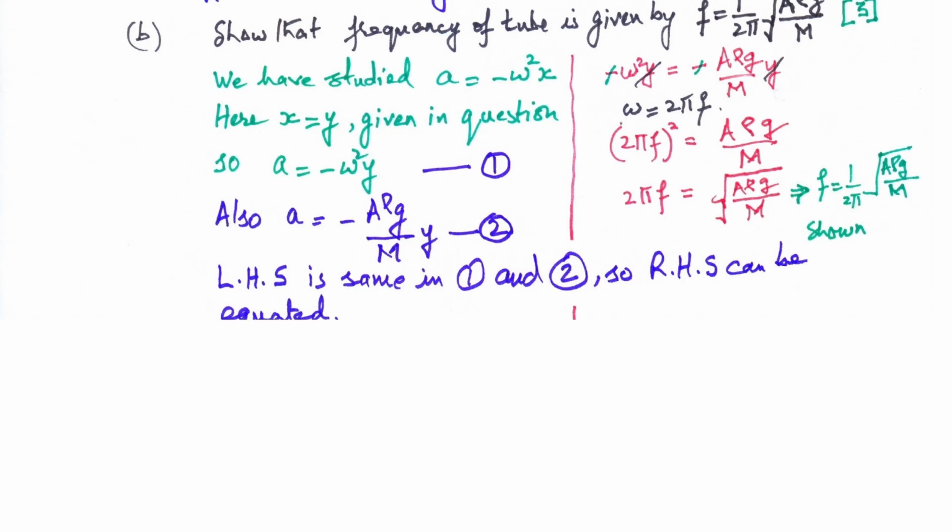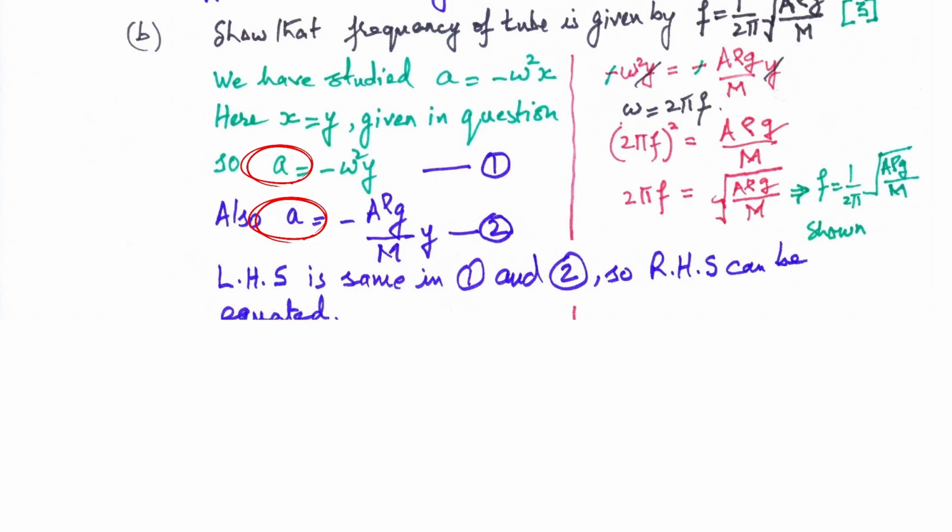And if you look at the question, he has also given another equation of a equal to minus A ρ g y over M. If we look at these equations, there are 2 equations of acceleration available. In these 2 equations, left hand side is same because left hand side is a.